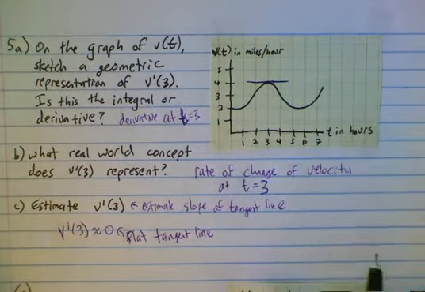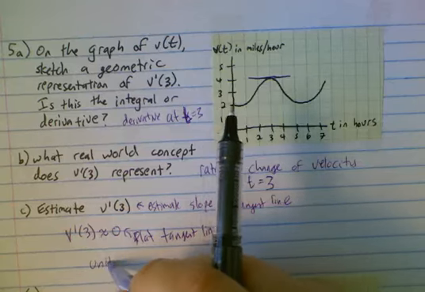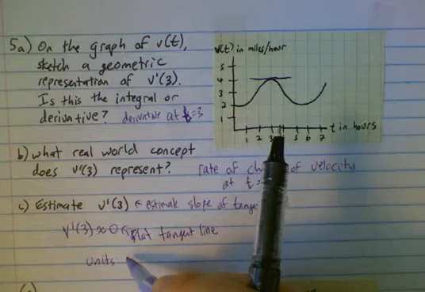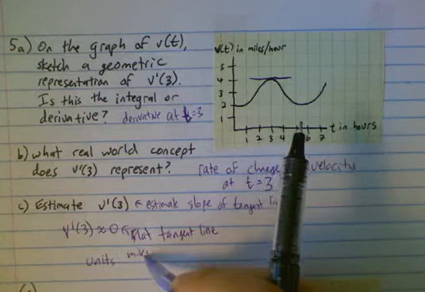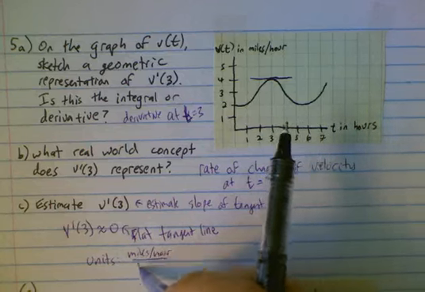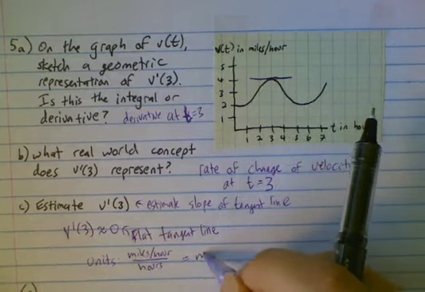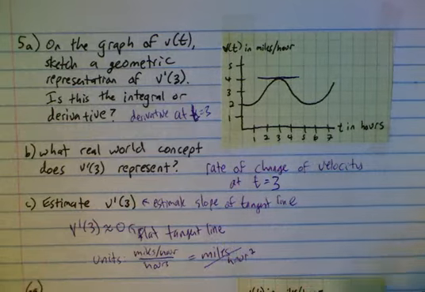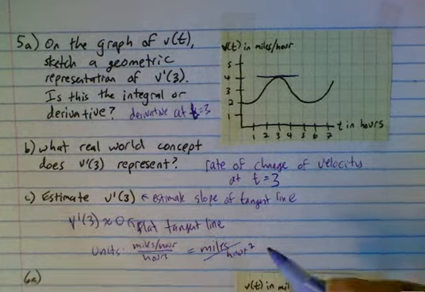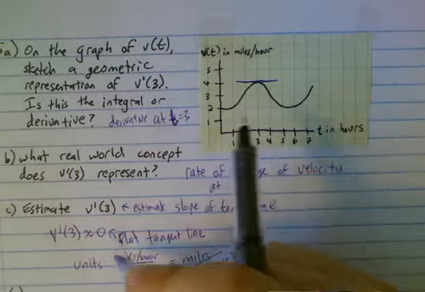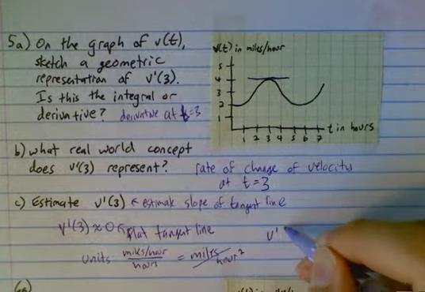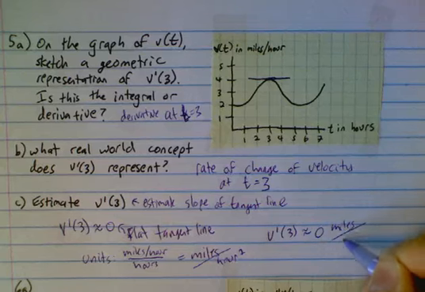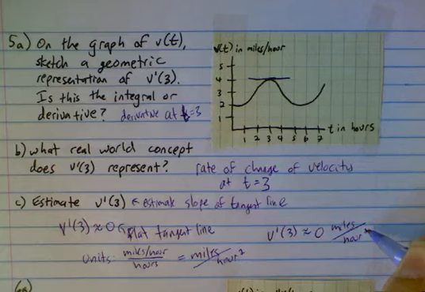So remember that our units are going to be miles per hour divided by hours, or miles per hour squared. So I kind of put this in here, so it's getting a little messy there, but v prime of 3 approximately equals 0 miles per hour squared.